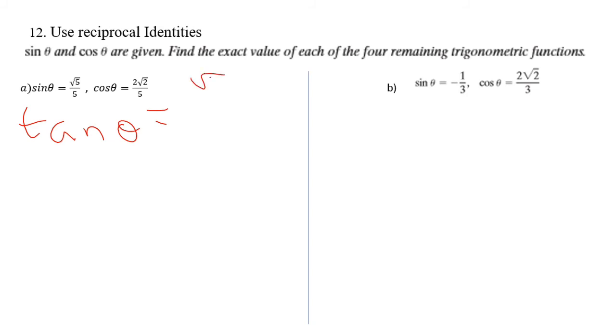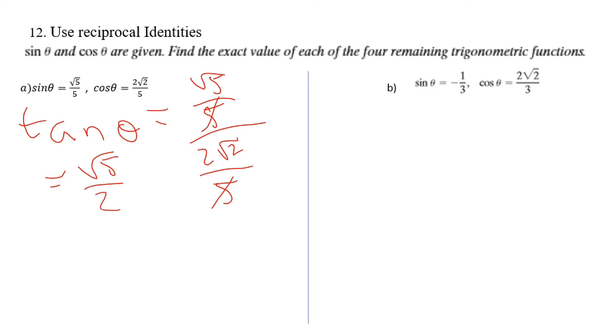So that's root 5 over 5 divided by root 2 over 2 divided by 5. Since we have the same denominator in both, we can go ahead and cancel. And we have tan theta is equal to root 5 over 2.